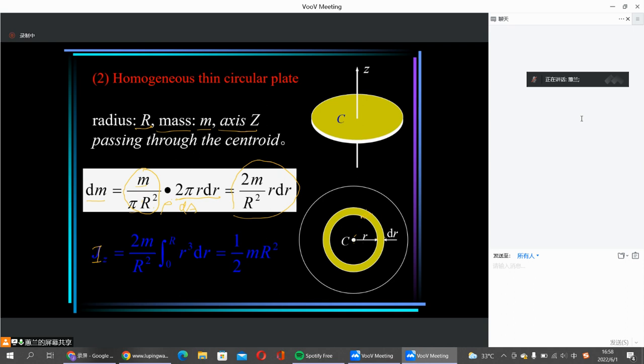Because everywhere they have the same distance to the axis. That's why here we can calculate the mass moment inertia about the axis. Again, we take the integration from 0 to R, and then it will equal 1/2 times mass times R squared.